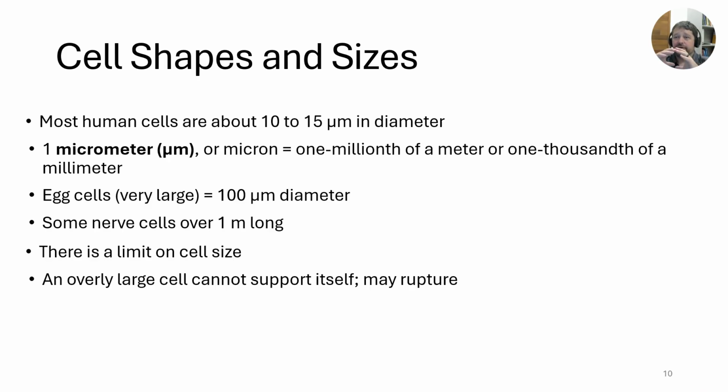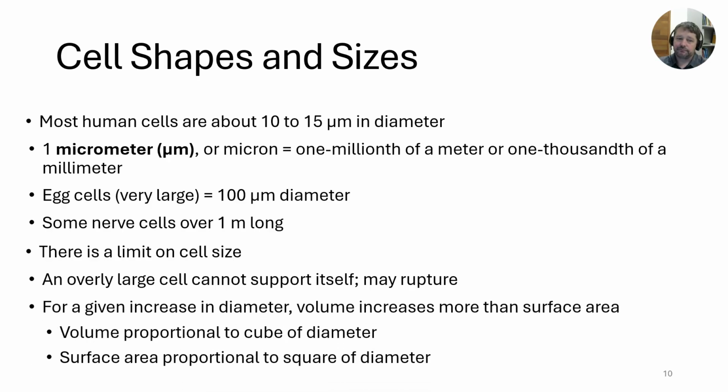But if you're just a spherical cell, then you're limited on how much material can come in. So large cells really can't support themselves. Not only that, when that volume gets really large, the material flexes more, and you can start to get holes or ruptures that form inside.